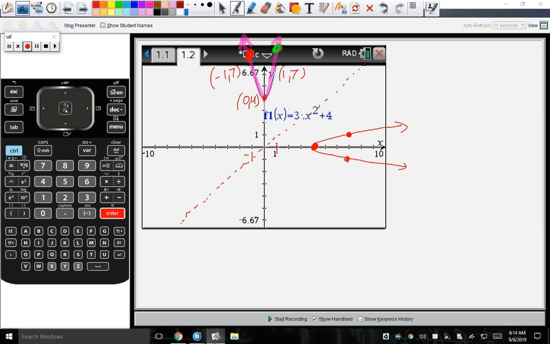Okay? So let's go back and see algebraically. Actually, I'll just do it from here. I can show you how it's not going to work algebraically. Okay, so 3x squared plus 4 is the original. You know the steps. The steps are change this to y. That's step number 1. Step number 2 is change the x and y's placement.